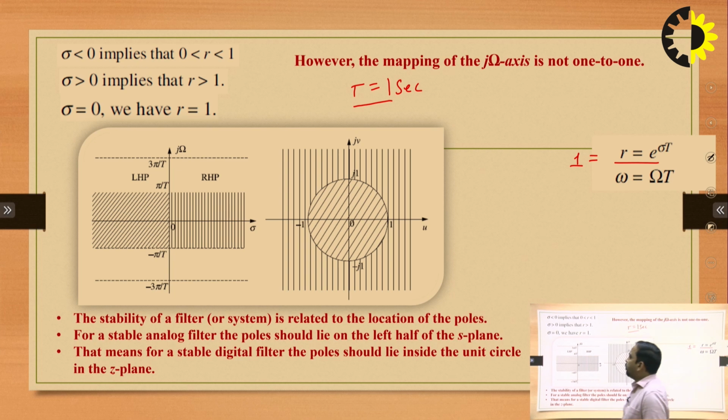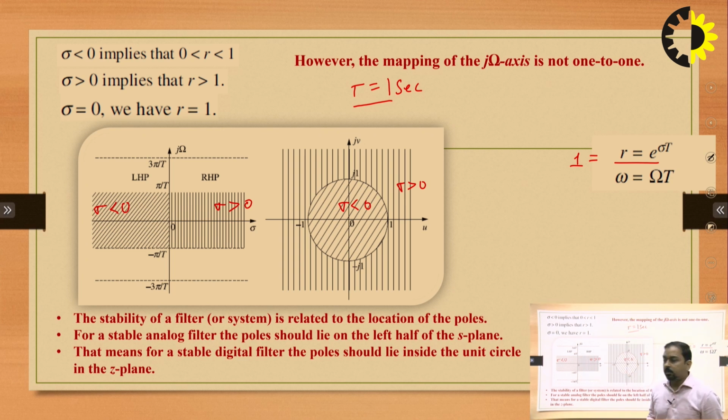So for sigma equal to 0, we are already aware that if we are moving on the j omega axis, then we are getting a circle in Z domain. Also, on the left hand side, this region is sigma less than 0, and this is sigma greater than 0. So sigma less than 0 naturally will be mapped inside, and sigma greater than 0 definitely will be mapped outside. So this will give the location of poles of analog domain to the location of poles in digital domain.